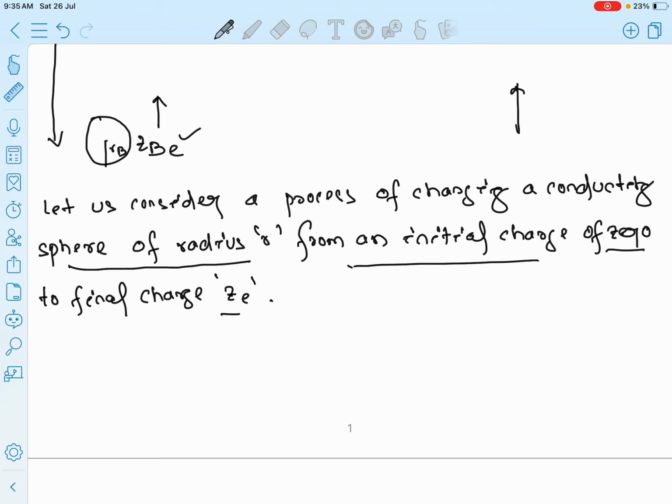Slowly that structure gains some charge, and when the ions are very close to each other, the activated complex has the maximum charge, which is ZE, as we said just now.